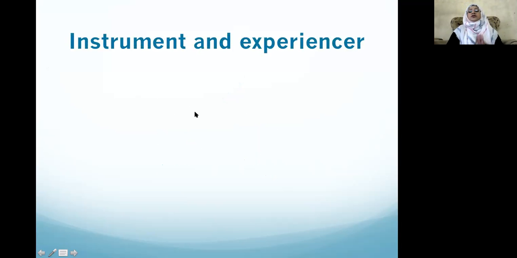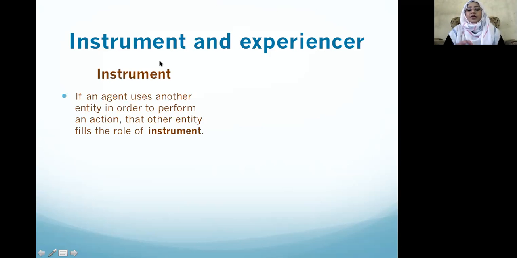So this was the difference between agent and theme. Now we will see instrument and experiencer. From the very name we can understand this. An instrument is what? If any agent, any doer of the action, uses any particular entity in order to perform the action, then that thing is called an instrument.